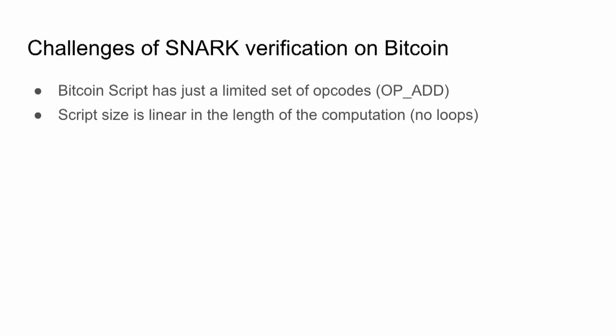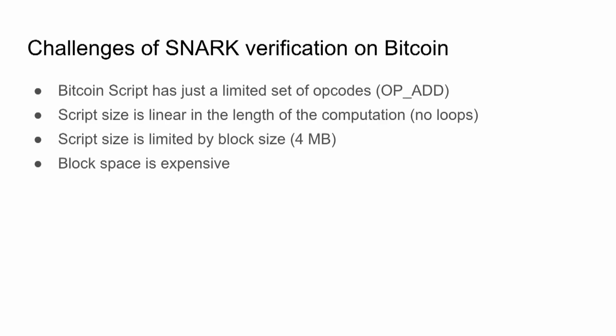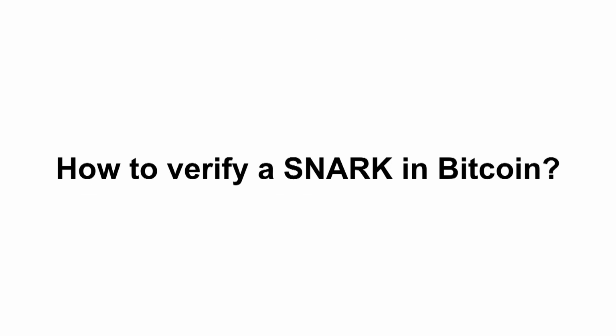Bitcoin script is intentionally not Turing complete. The script size is limited by the block size, and in general, block space is expensive. And if you would just naively implement a snark verifier in Bitcoin script, you would end up with 1 gigabyte of script, which is, of course, orders of magnitude bigger than what fits into a block.